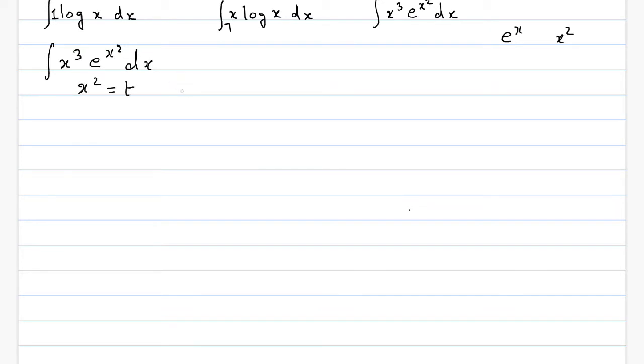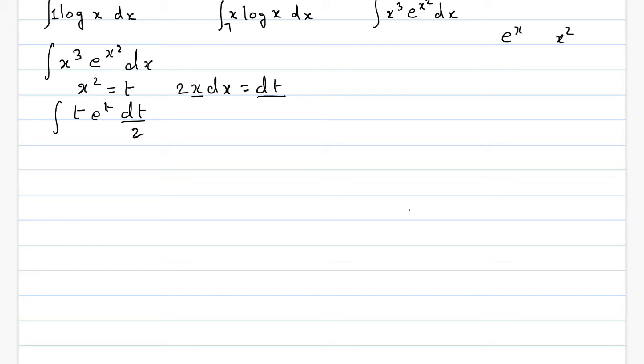So when we differentiate, we get 2x dx equals dt. Now we will substitute, and clearly to make dt, we will have to substitute one of the x's here, and the other x square becomes our t. So we will get integration t e raised to t dt by 2.